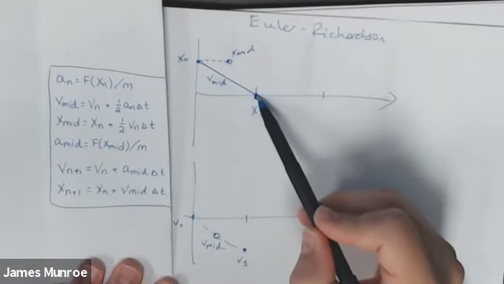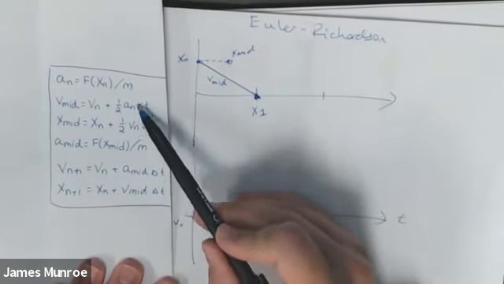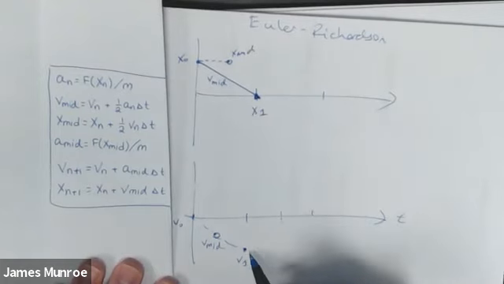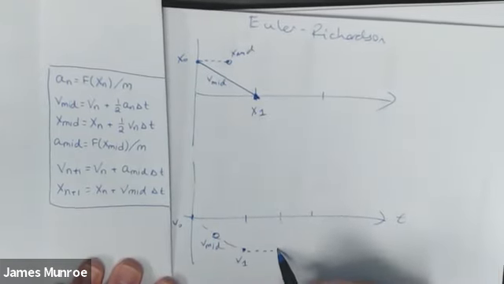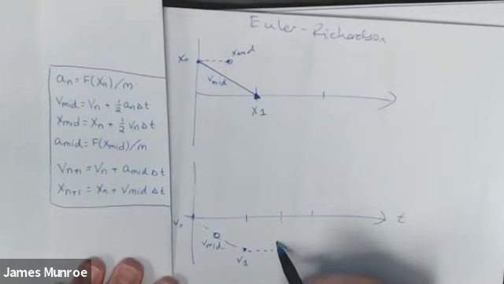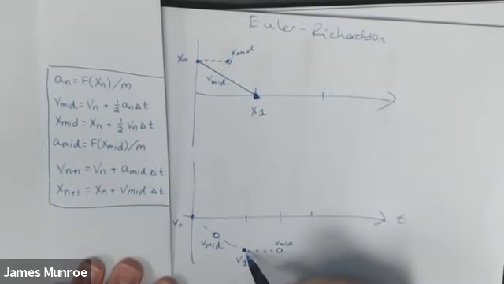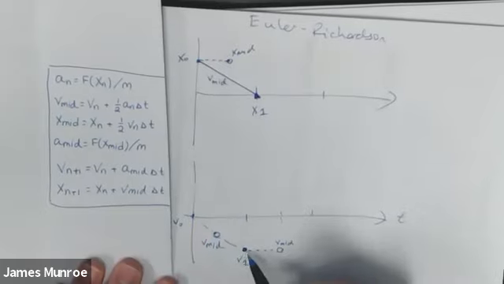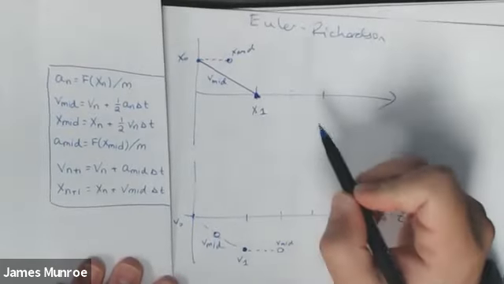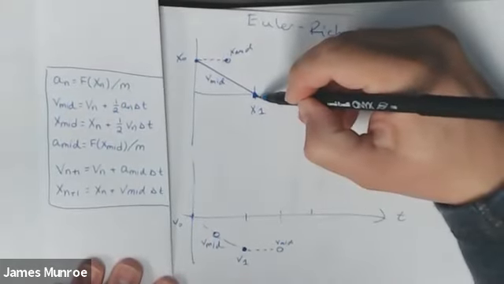So we calculate the midpoint by using that acceleration, and we do it for a half step. Okay? So I'm going to call this V mid all the way through. We use the velocity right here, so it's very negative. We use that. It's going to be more negative than what it was.